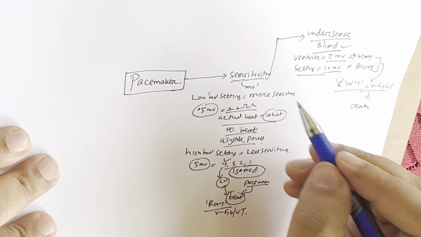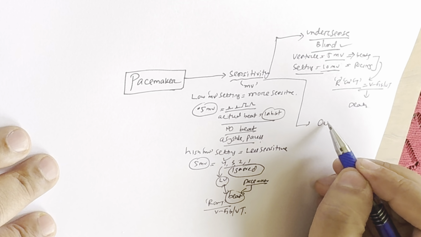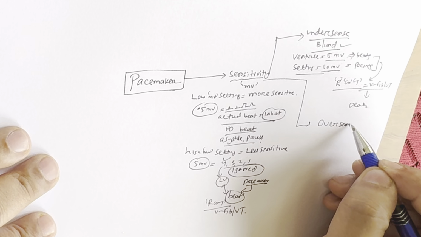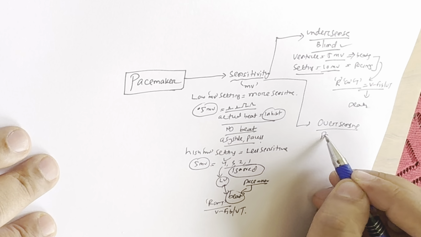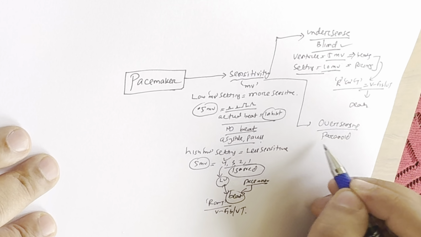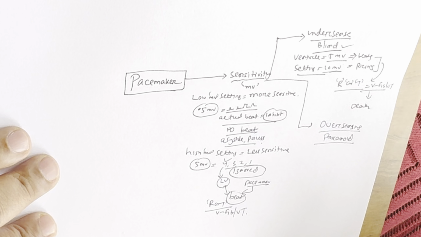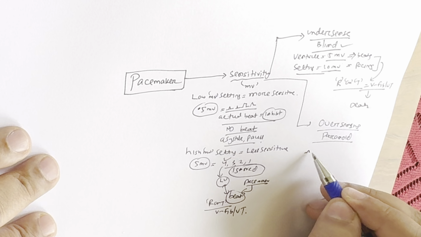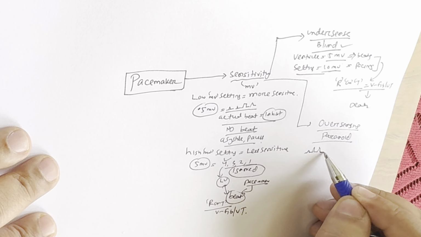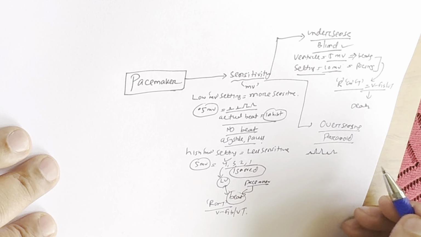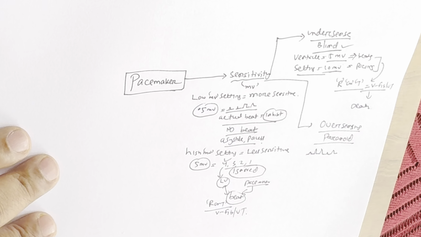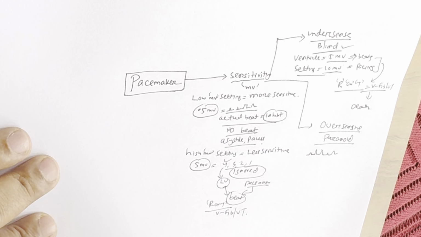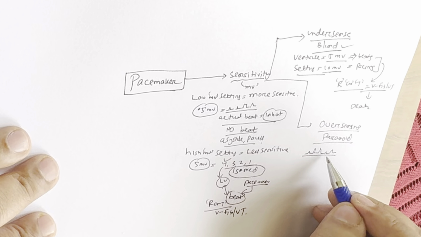And similarly, what is oversensing? It is paranoid. It means it has gone crazy. Crazy means it is reacting to every small wave. For example, when the cautery is ongoing, any noise, any artifact, the pacemaker sees it as actual voltage produced from the ventricle, and it thinks the heart can contract on itself while it cannot.